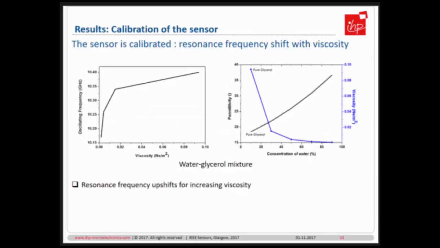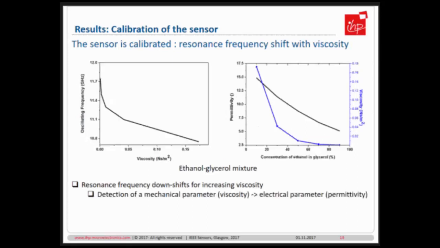So as I told you, we are trying to detect a mechanical property using an electrical technique. So you see, for a water glycerol mixture, when I'm increasing the viscosity, the resonant frequency of the sensor oscillator increases. The reason is, when you're increasing the concentration of water, your viscosity decreases, but your permittivity increases. And that's the reason the resonant frequency also increased, right?